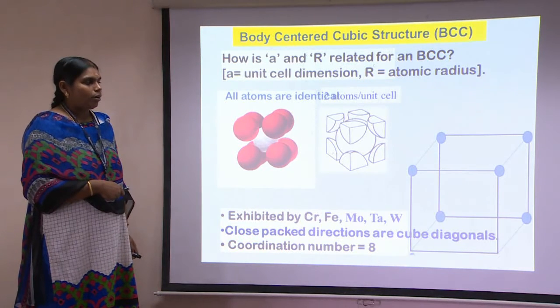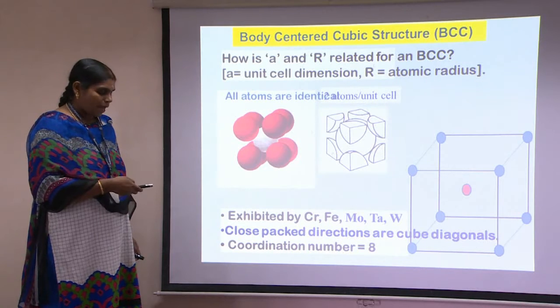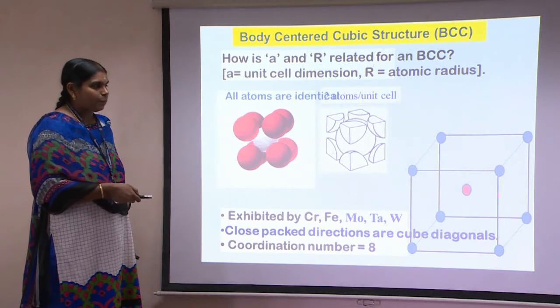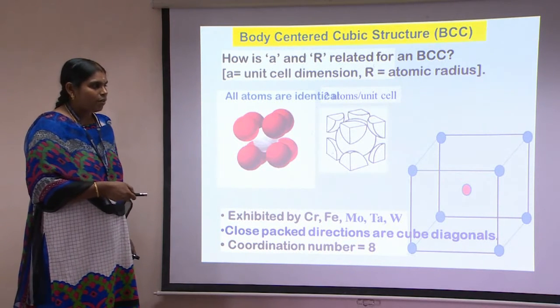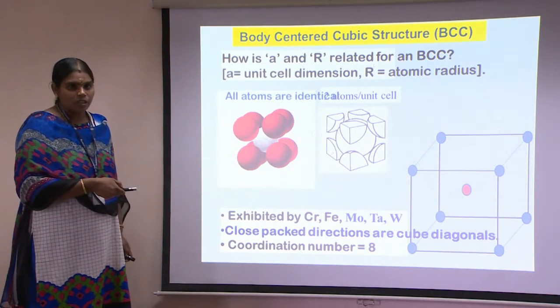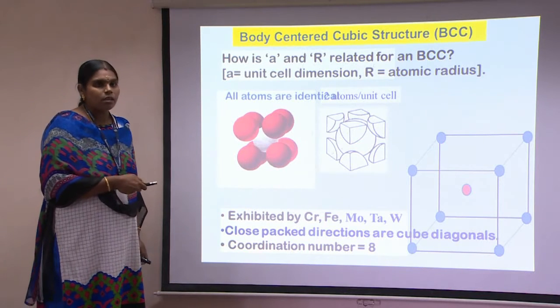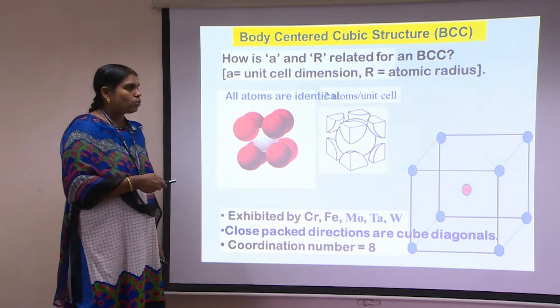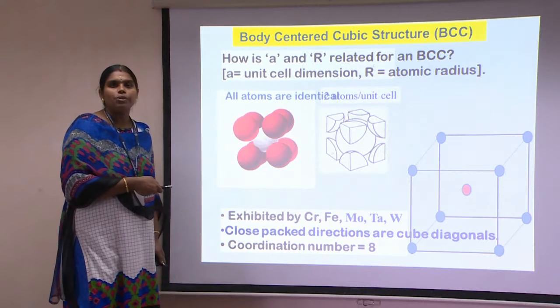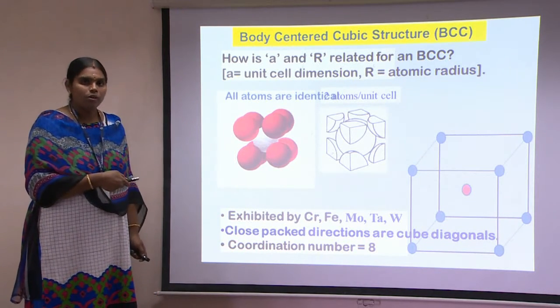At all the 8 corners of a cube, atoms are placed, and in addition there is a body centered atom, specified by a red sphere. That means here the corner atoms will not touch each other, rather the corner atoms would be touching the body centered atom. So there is a variation. This produces a variation in the radius of the atoms that we are going to calculate.